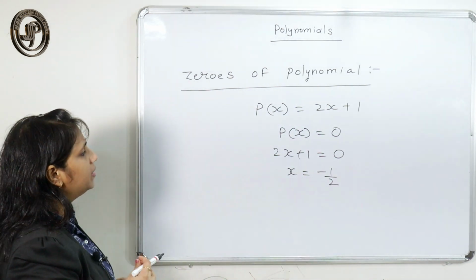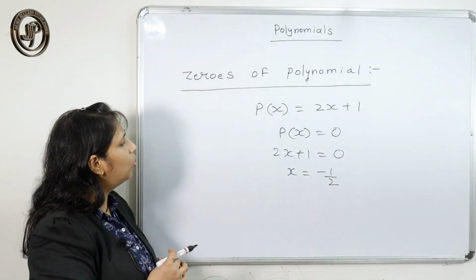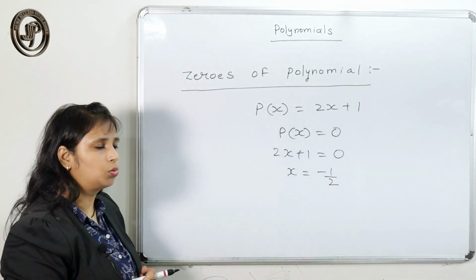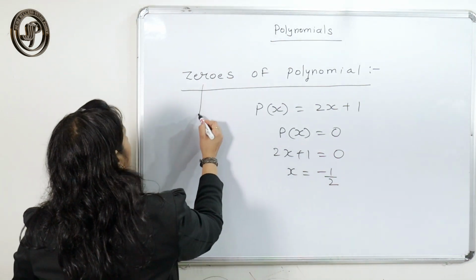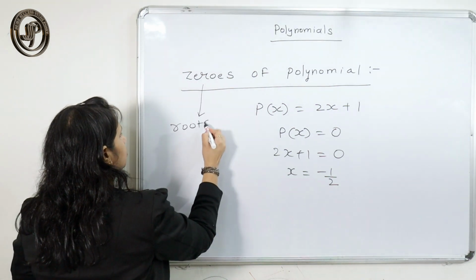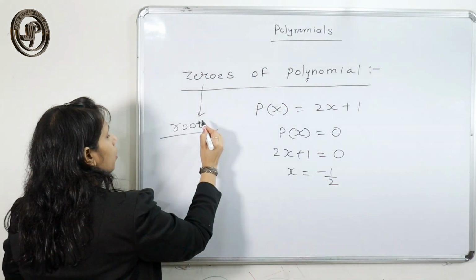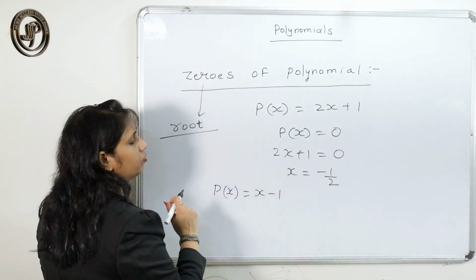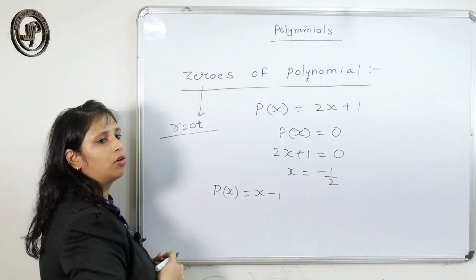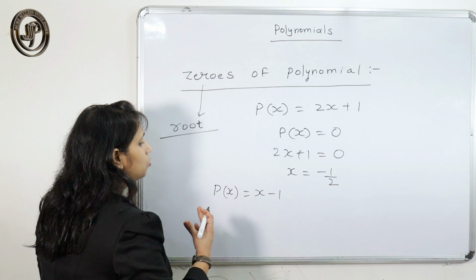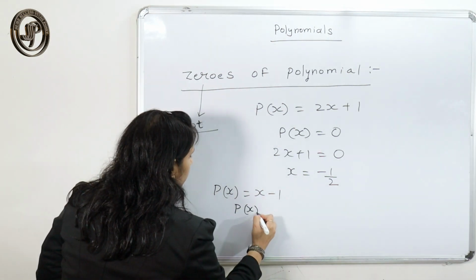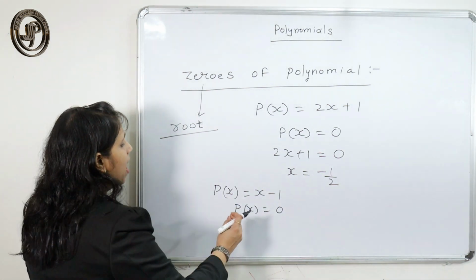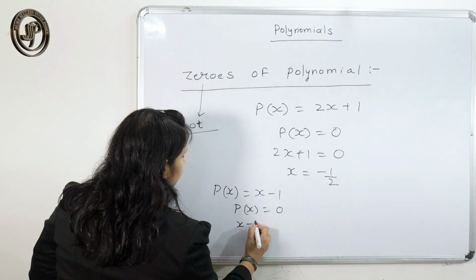So I'll say minus 1 by 2 is the zero of the polynomial p(x), which is 2x plus 1. Sometimes the zero of a polynomial is also called the root of the polynomial. So if it is asked to find the root or zeros of this polynomial, you have to do nothing but make the equation and equate it to 0.